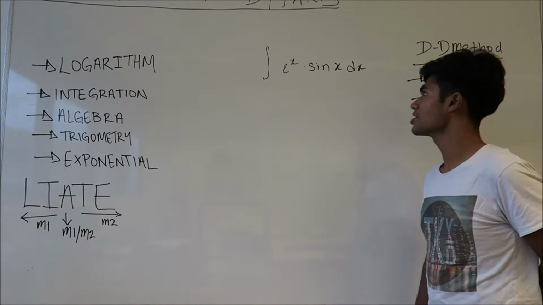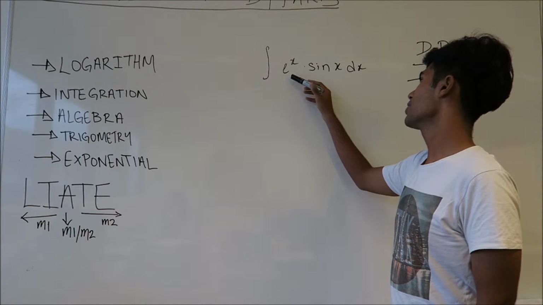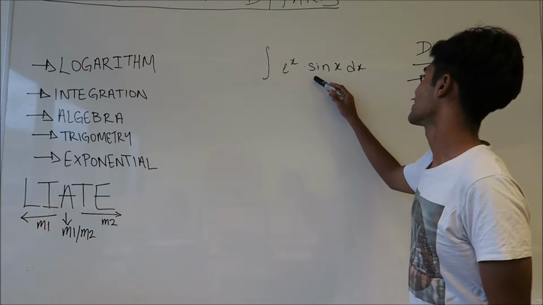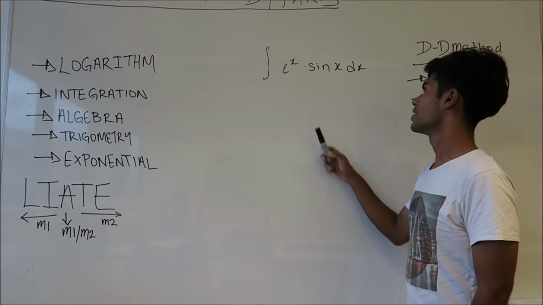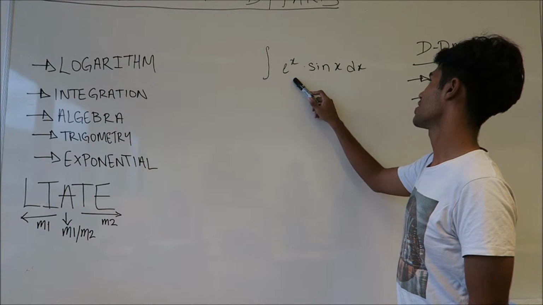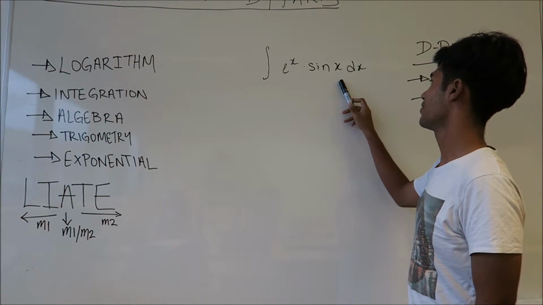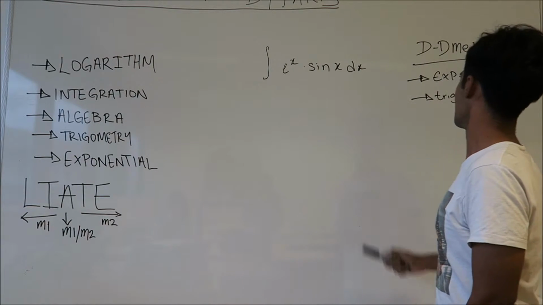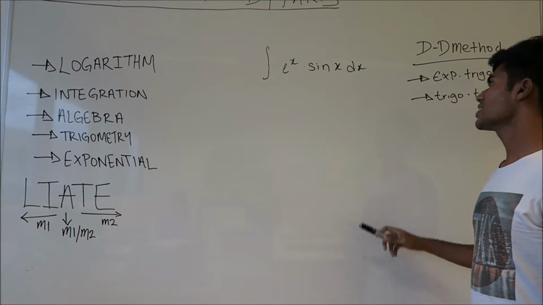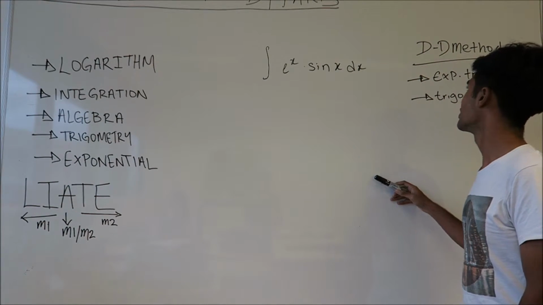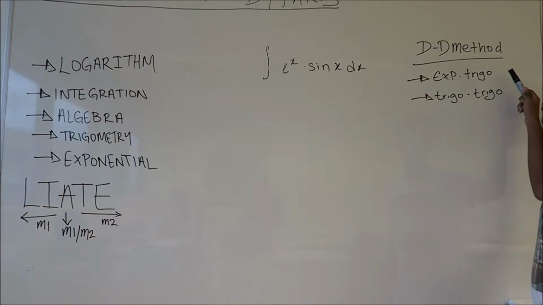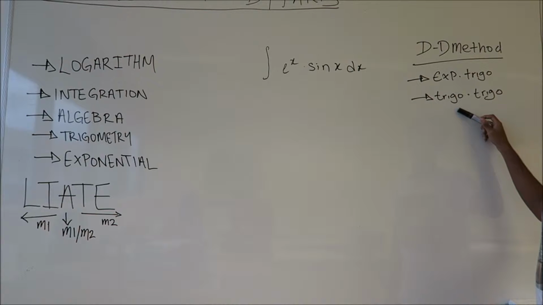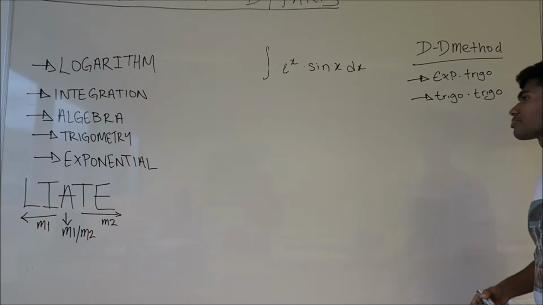So, in this question, we have exponential x and sine x dx. The first thing to note here is that this is an exponential function and that this is a trigonometric function. In this case, we need to use the DD method. The DD method applies only for exponential and trigonometric functions, or when both functions are trigonometric.